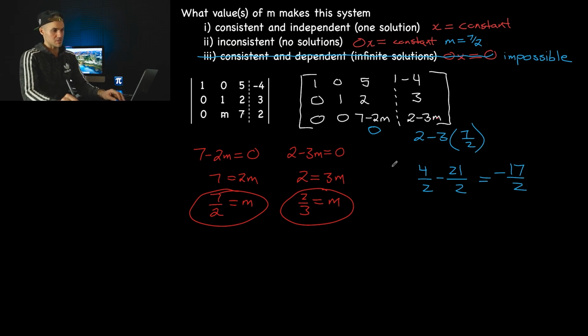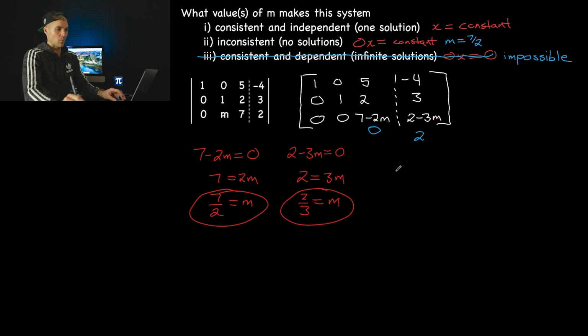Okay, so for this particular system of equations, that's going to happen when m is 7 over 2. And then for this one, to have a consistent and independent solution, or just one solution, it's basically going to be any m value other than 7 over 2.